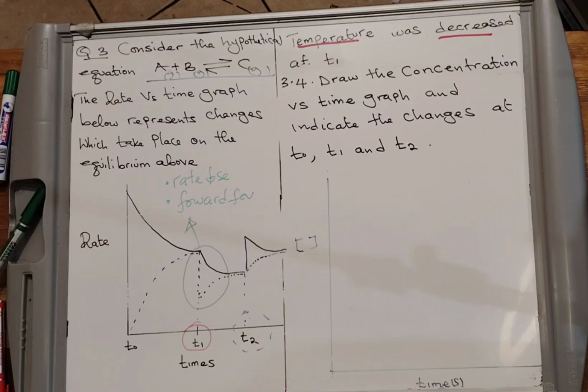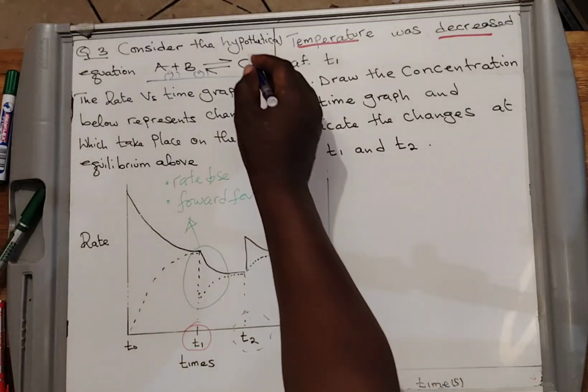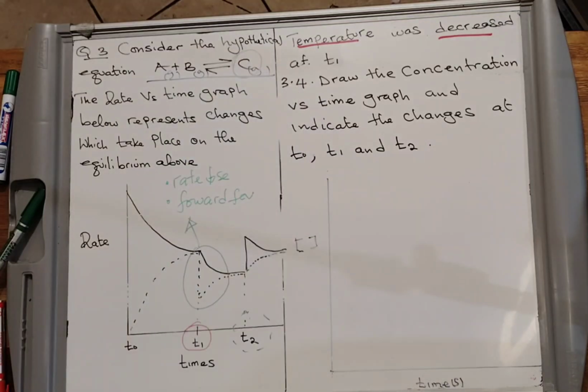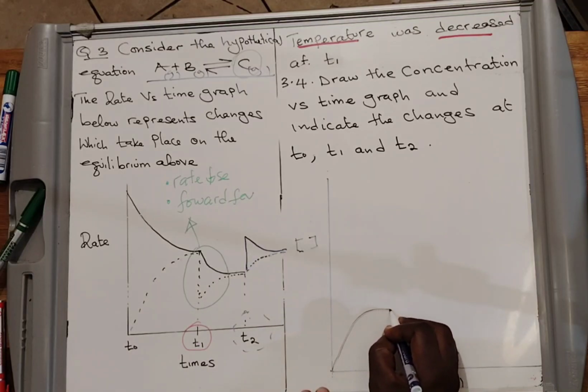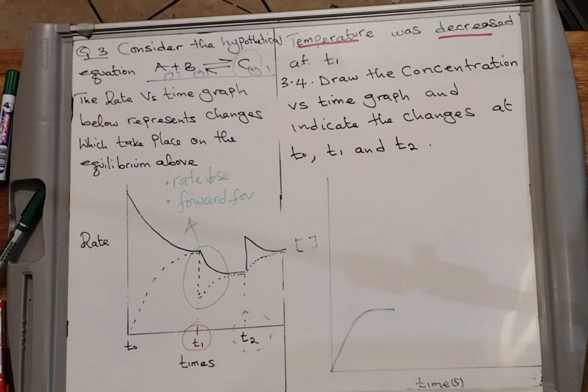When the reaction is just starting, this is what we have to know, that our product at the start is 0. So it comes like that. Why is it 0? The reaction is just starting. All you have are the reactants. So at the start of the reaction, products are 0.